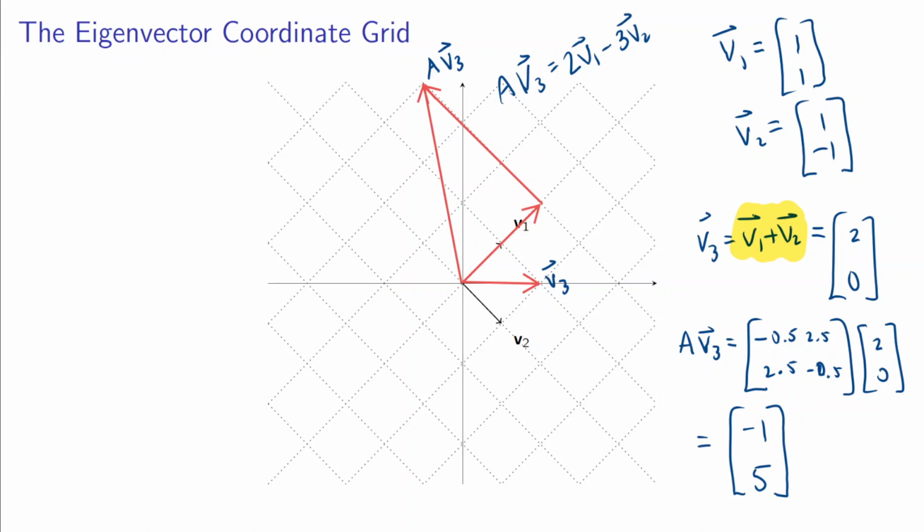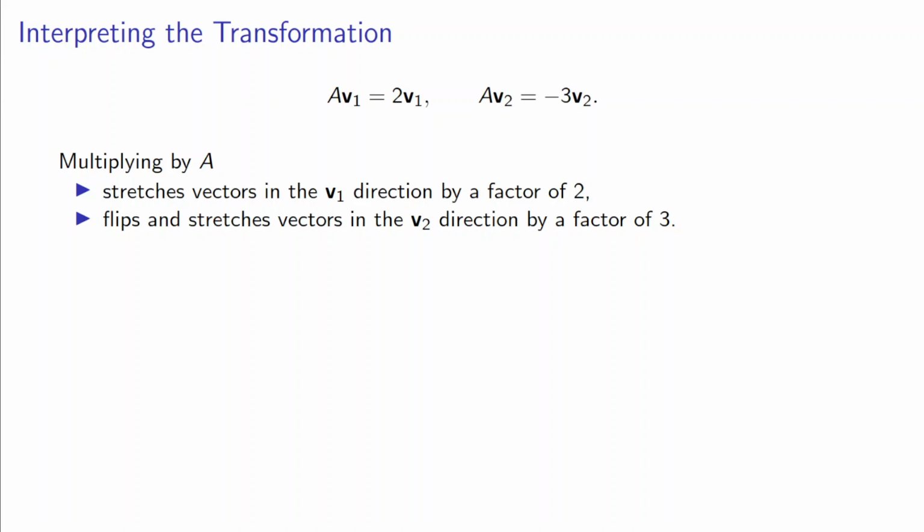If we go back to this slide, we've added up these two things that would happen to a vector as we transform it by A. We've added up two copies of v1, so v1 getting stretched by 2, and the flipping and stretching by 3 in the direction of v2.